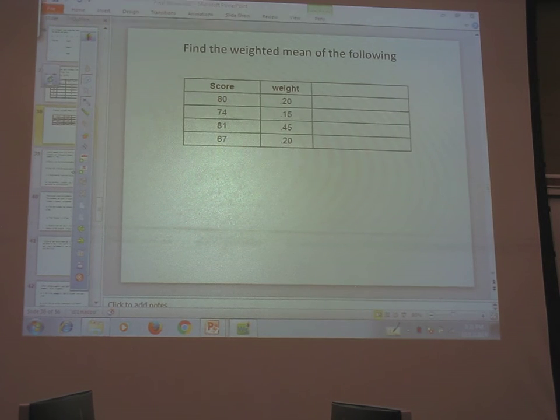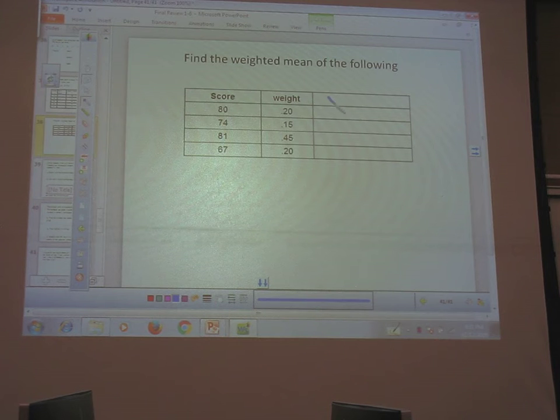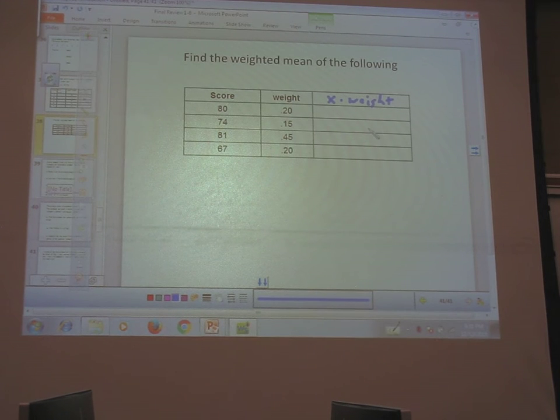This one, weighted mean. So it's your x value times the weight, and you add all those up and divide by the sum of the weights. Just remember that one, weighted means.